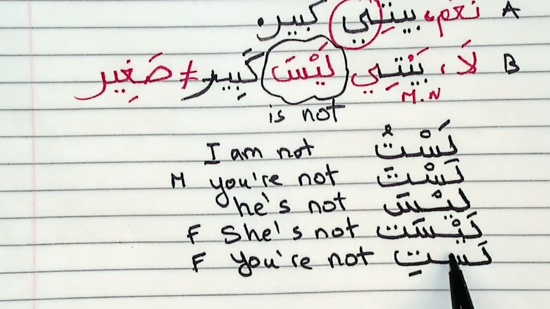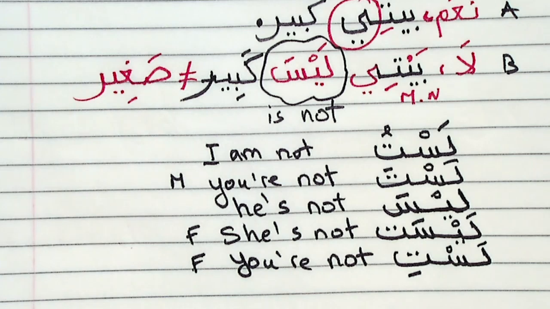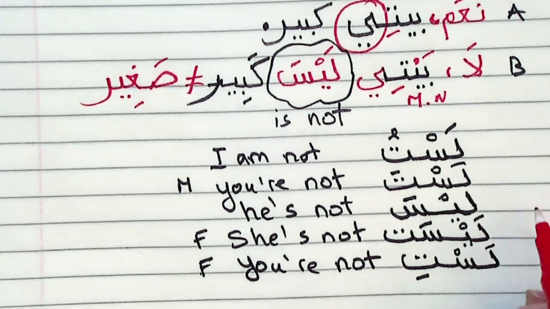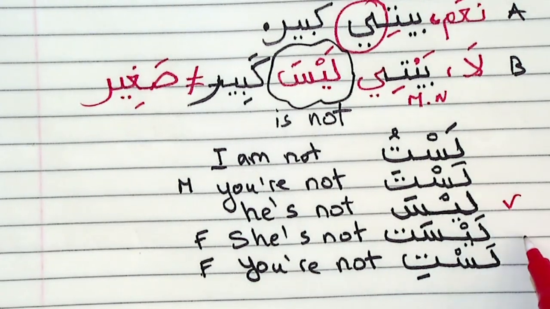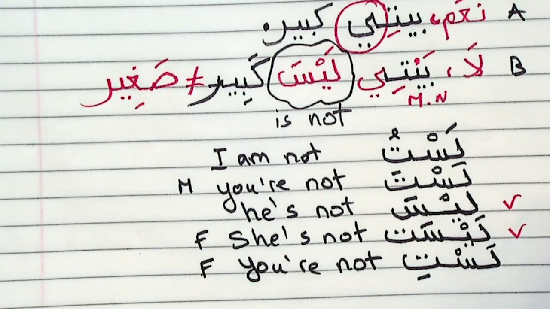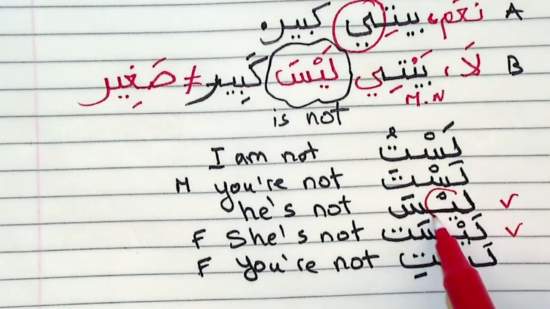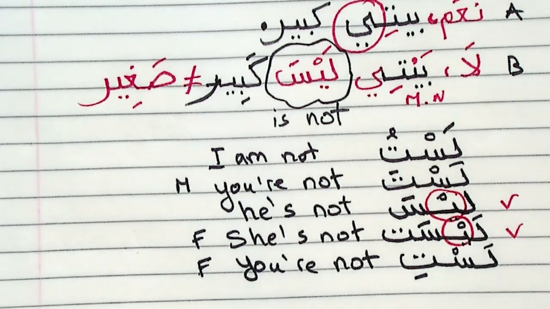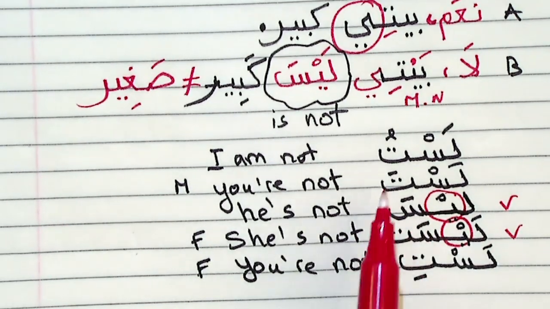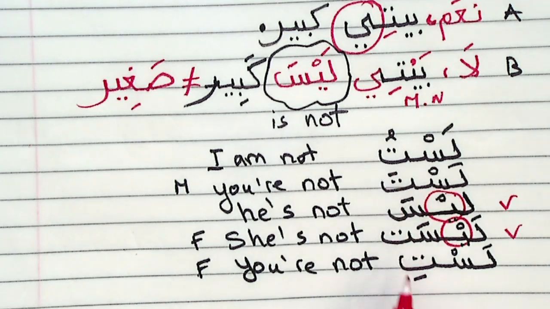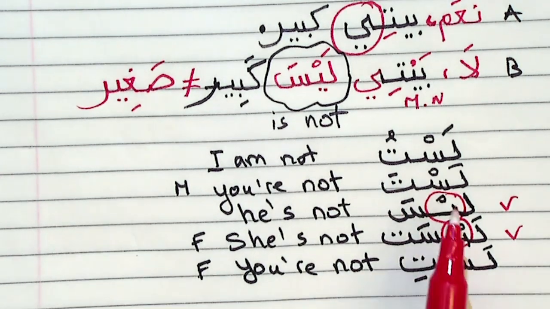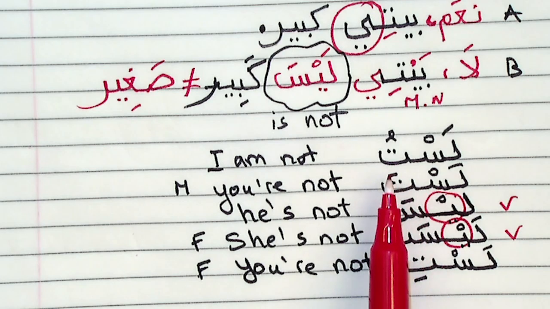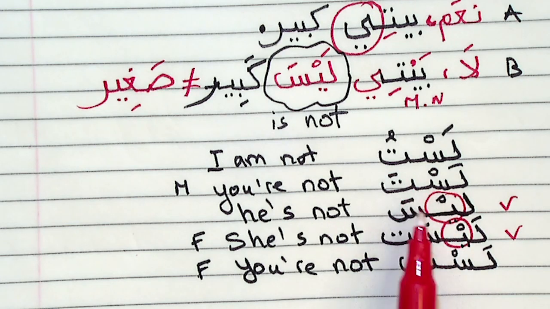So as you can see, only he and she have the ya right here. But all of them have t, except for he. So lestu, I'm not. Lasta, laysa, laysat, lasti.